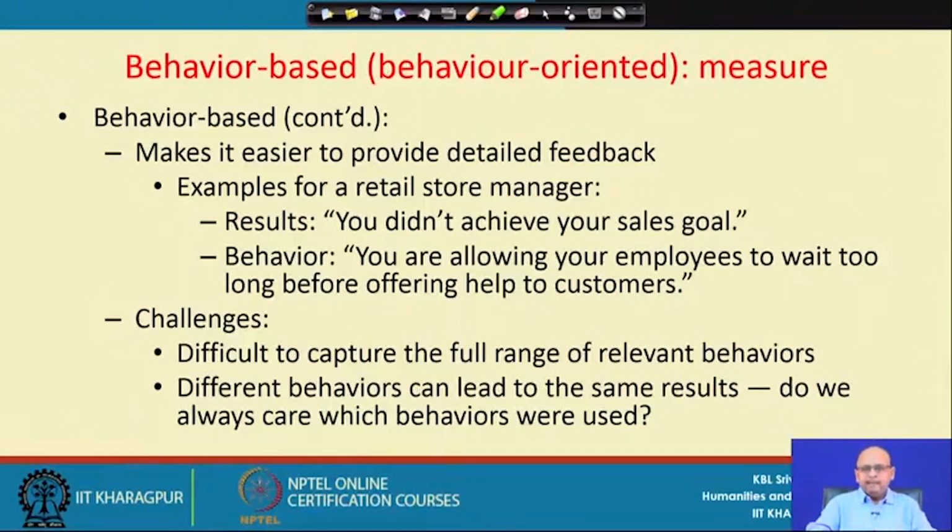This kind of result, though it is negative in nature, is related to which behavior? Because you are not monitoring the employees, you are allowing your employees to wait too long before offering help to the customer. So, what happens in the process? Your employees are not attending to the customers, and that is why your sales is not as desired, right.